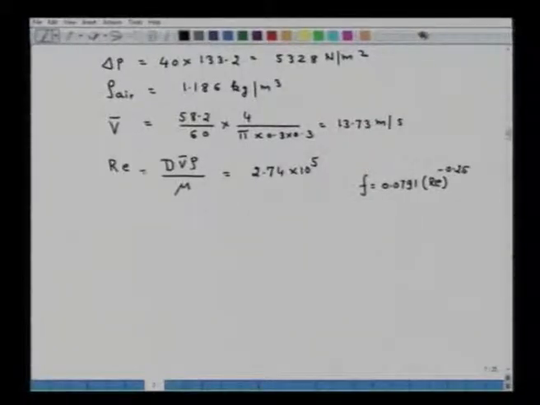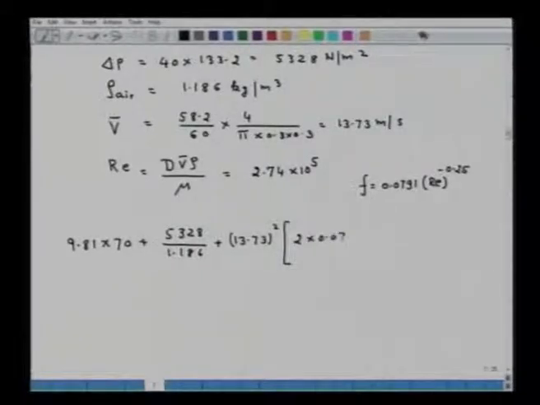So, I substitute the values, and these values are 9.81 into 70, because delta Z is 70, plus 5328 upon 1.186 plus 13.73 square into 2 into 0.0791 into 2.74 into 10 to the power 5 raised to the power minus 0.25 plus half into 0.4 plus half into 0.81.